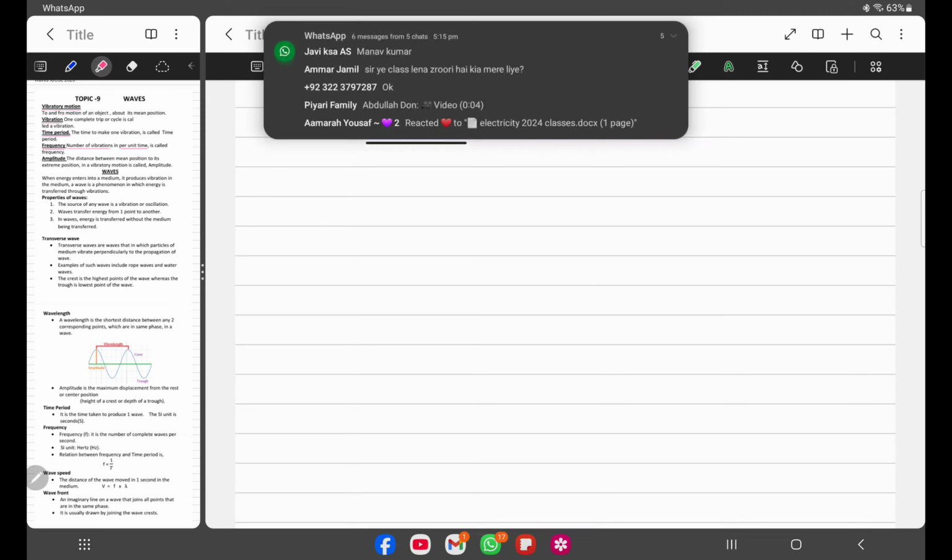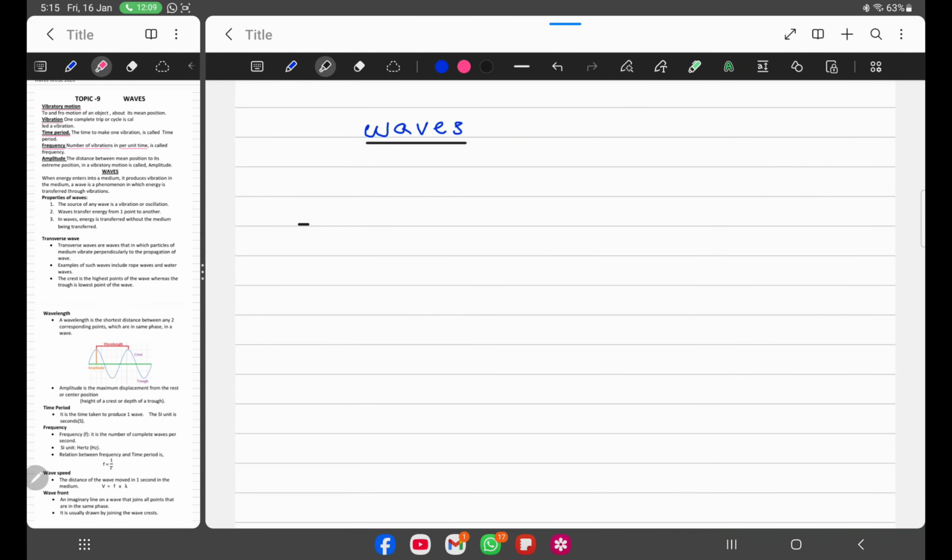Consider this is a string, a rope, connected with a vertical support, and its free end is in my hand.